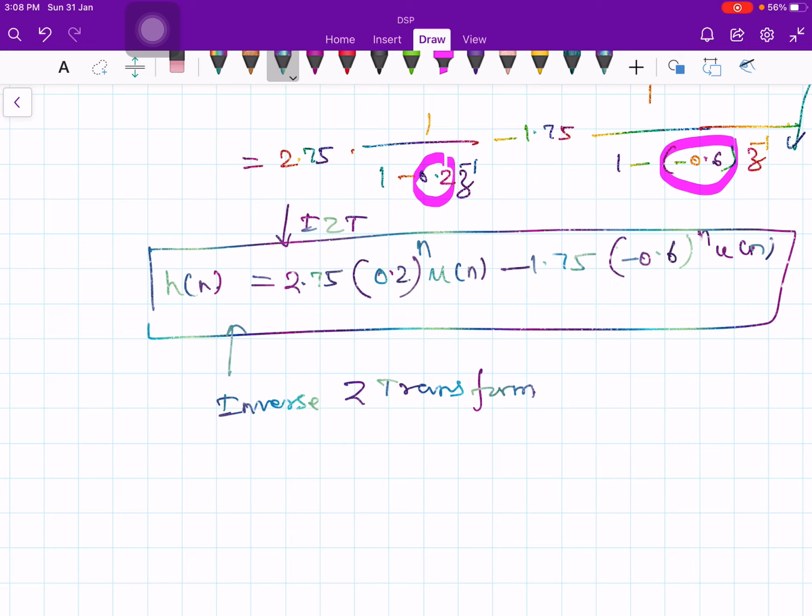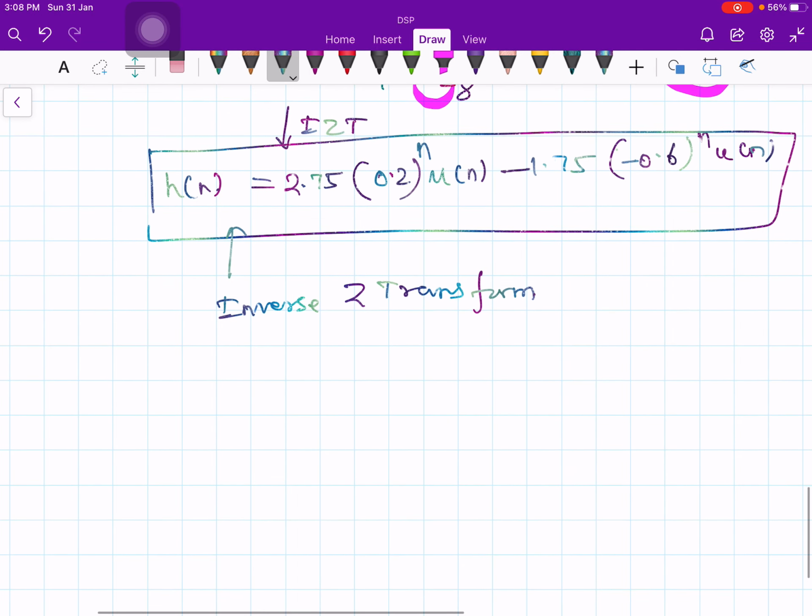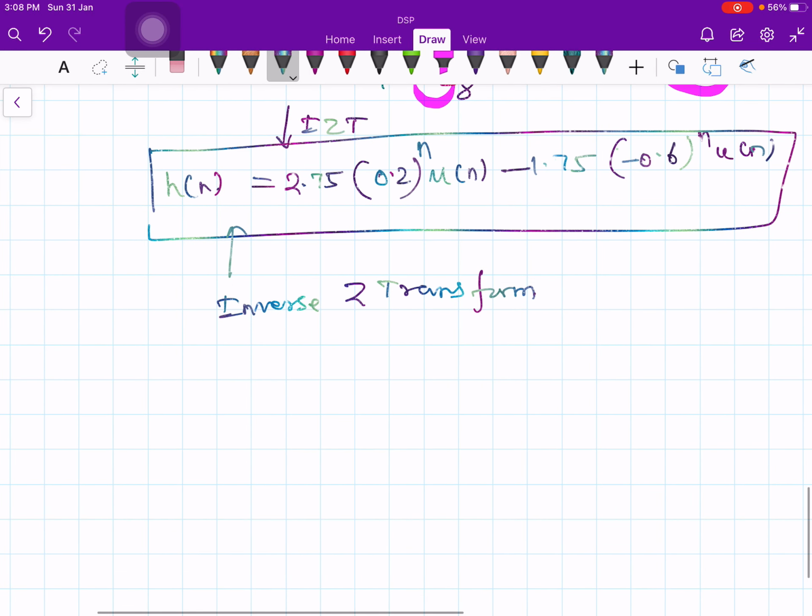If it was not, then we would have a problem. In the given problem we said causal h of n, that is why we multiplied by u of n. ROC is not specified, but ROC is specified in terms of the causal sequence.